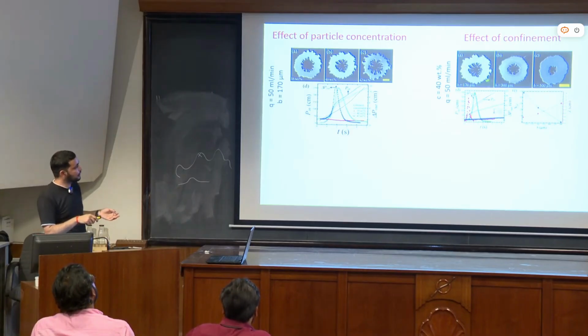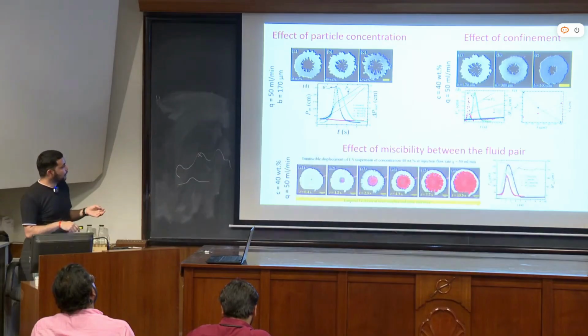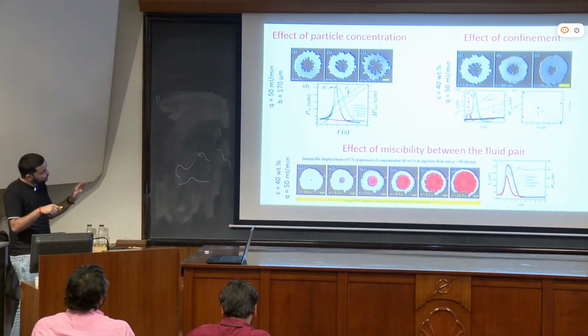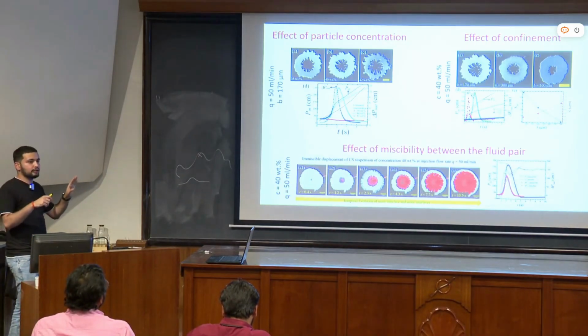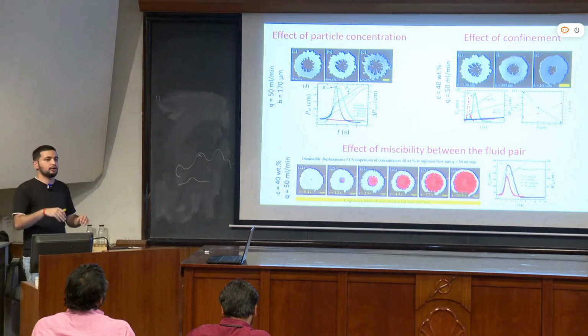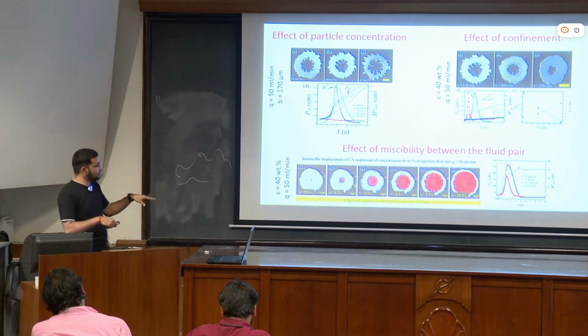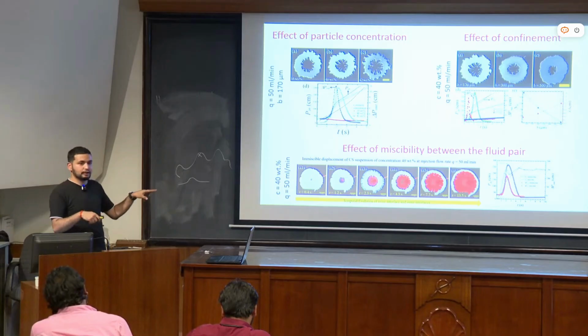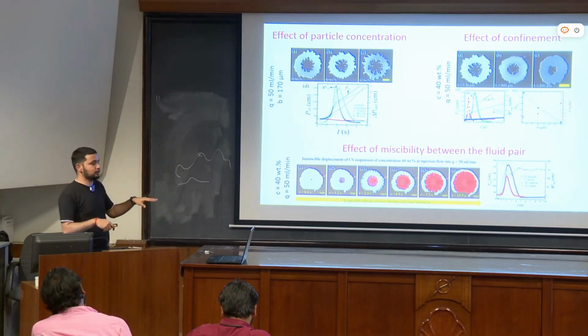So these reverse fingers are present when you have high shear rates, or high concentration, or a low Hele-Shaw cell gap, meaning higher confinement, and regardless of miscibility they will form, whether they are displaced by air or water.